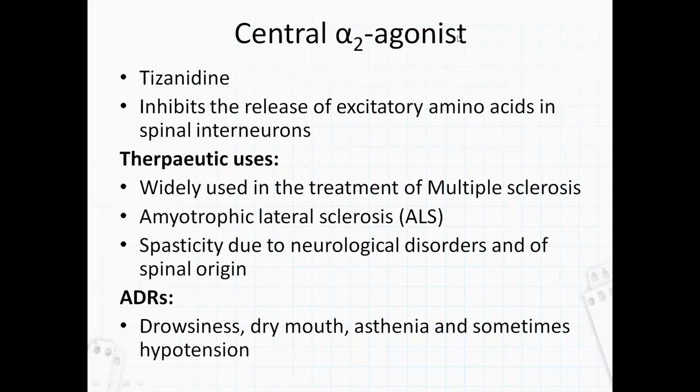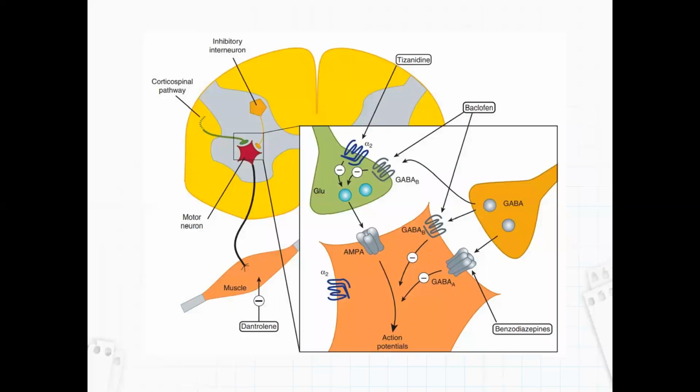Coming to the central alpha-2 agonist, the drug is tizanidine. This inhibits the release of excitatory amino acids in spinal interneurons. Here in the diagram, see this tizanidine. This is the alpha-2 receptor. It will act on this alpha-2 receptor, and what this alpha-2 receptor does is it inhibits this glutamate from going and causing this action potential.